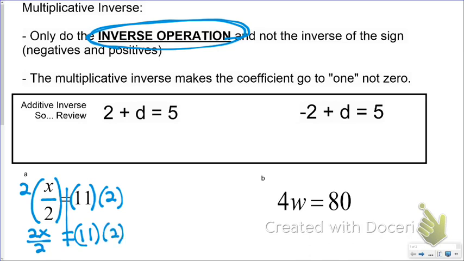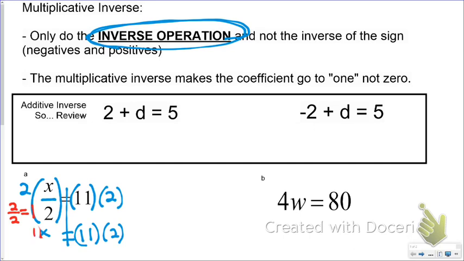Well, this is nice because what happens to a 2 when you divide by itself? Any number divided by itself, 2 divided by 2, for instance, just equals 1. So these go to 1. And if I have 1x here, it's just the same as just writing x. So just 1x, right?